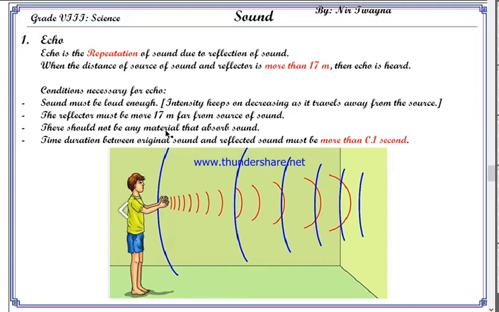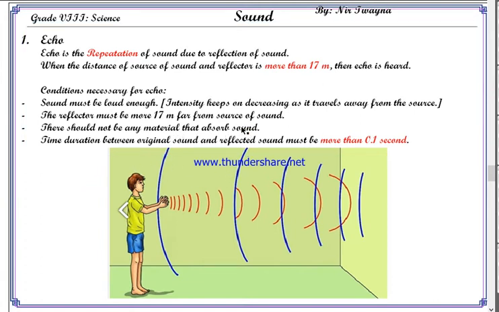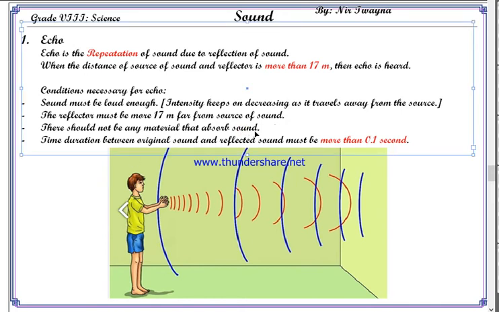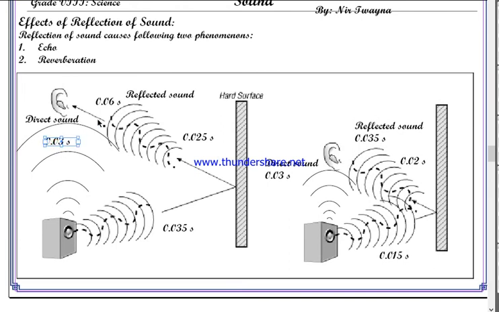And next one, there should not be any material that absorbs sound. If there is any material that absorbs sound, then sound will be absorbed and will not be reflected. And next one, this is a very important point. The time duration between original sound and reflected sound must be more than 0.1 second. Here you see the difference between original sound and reflected sound, and here the difference is very significant, isn't it?